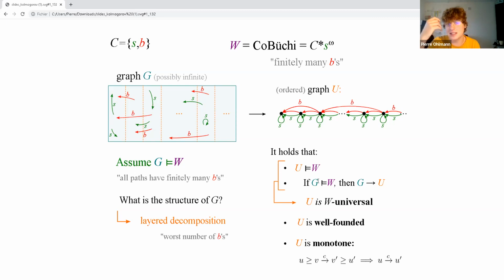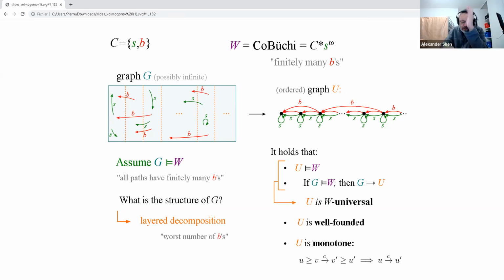And it's the same as saying that the graphs satisfying the objective have a kind of graph decomposition in two layers. I mean, having a universal totally ordered graph is the same as saying that all the graphs satisfying the objective have a layered decomposition. And then if you assume that moreover your universal graph is well-founded.